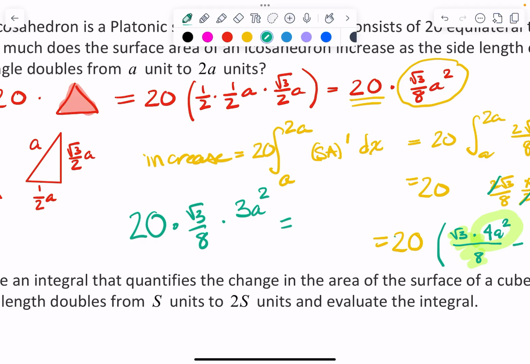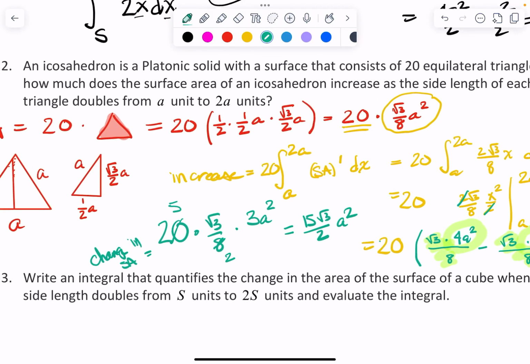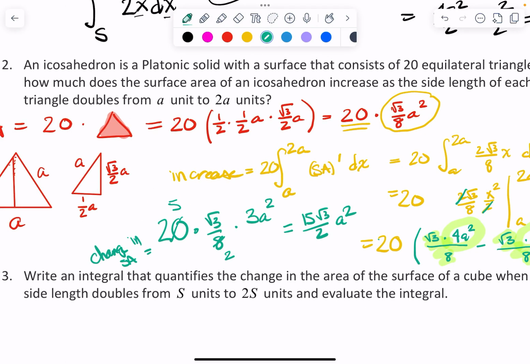And so I end up with the increase or the change in surface area is equal to 20 divided by 8. Divided by 4 will be 2, it's going to be a 5. So I'm going to have 15 square root of 3 over 2, a squared. Weird number, but that's what it is, okay?